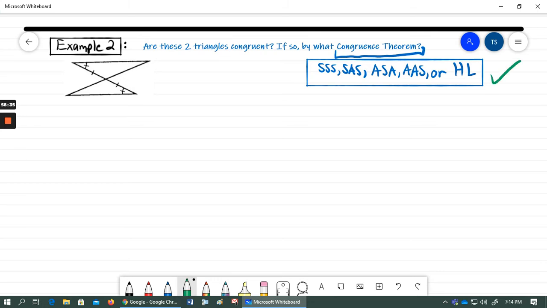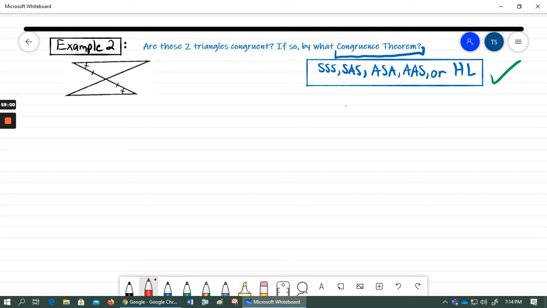Hold on. Okay, if it's one of those 5, then yes, they're congruent, folks. Just flow with me real quick, okay? Because for some of these examples that we're going to look at, where we're asking you to prove whether or not these two triangles are congruent, and of course we mean, can you tell that they're congruent by one of these congruence theorems?